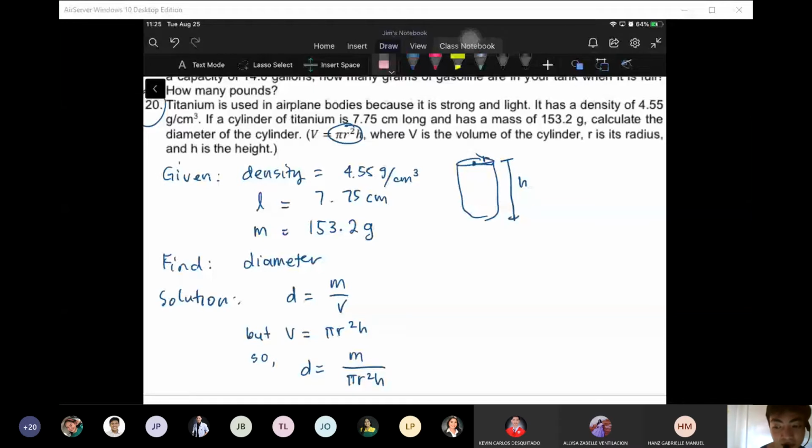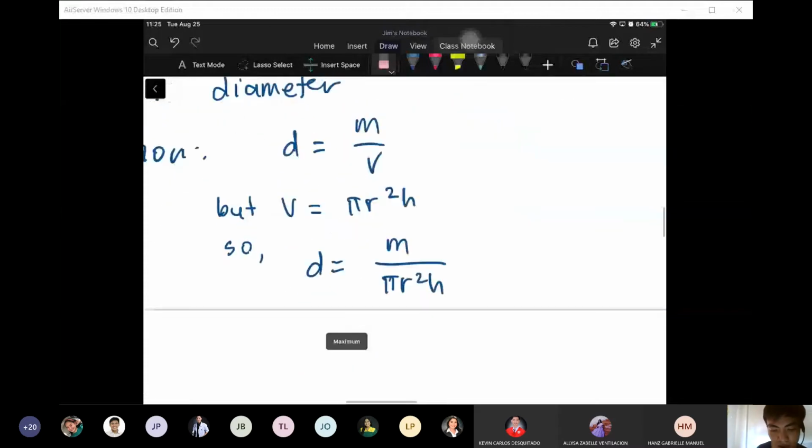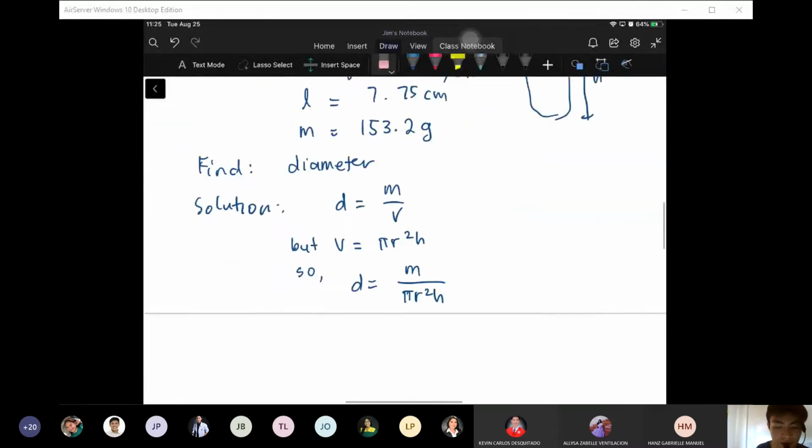Siyempre wala, no? We don't have the diameter in the equation. Tingin lang tayo sa equation. So, using this equation, how will we be able to solve for the diameter?